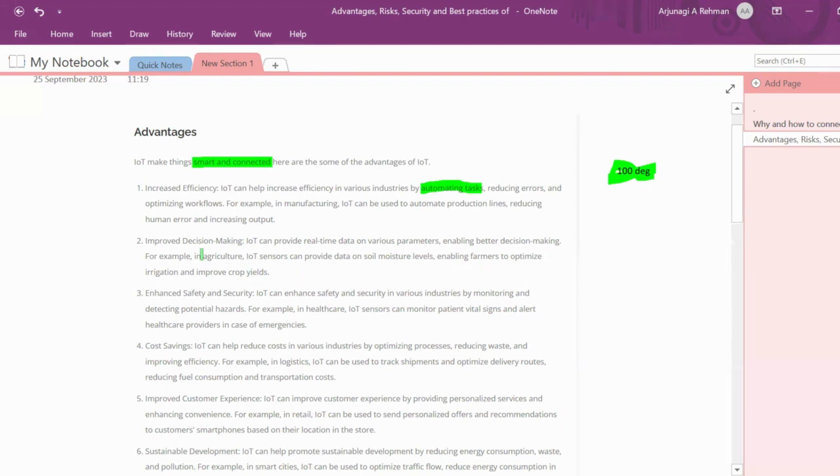For an example, in agriculture, IoT sensors can provide data on soil moisture level, enabling farmers to optimize irrigation and improve crop yield. So this was one of the examples. So using the moisture level, farmers can optimize irrigation. So let's put other environmental data in the picture, like temperature, humidity, light intensity.